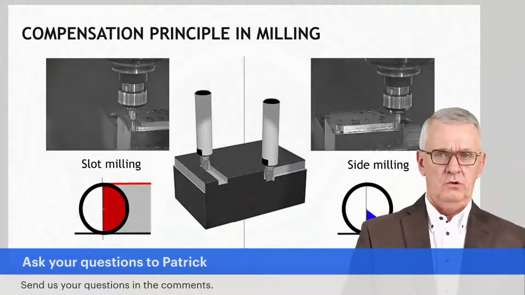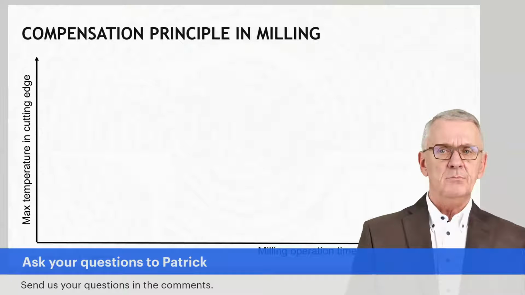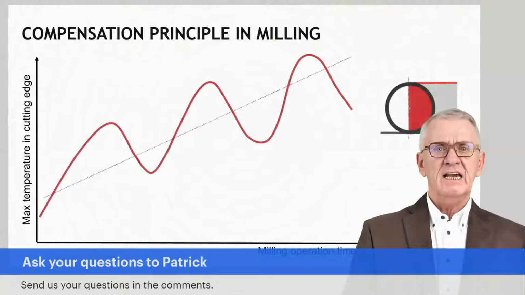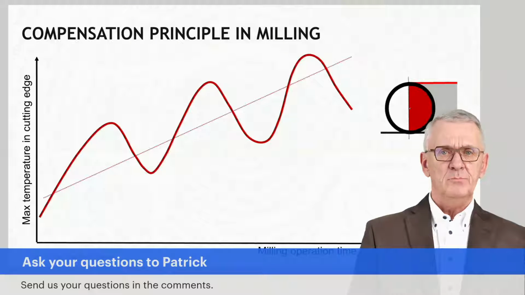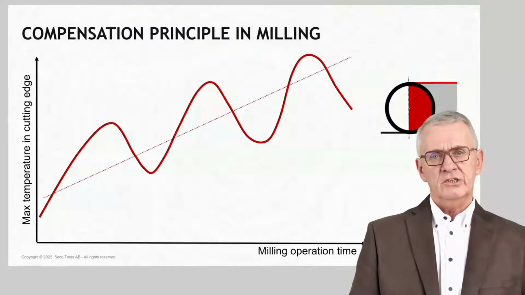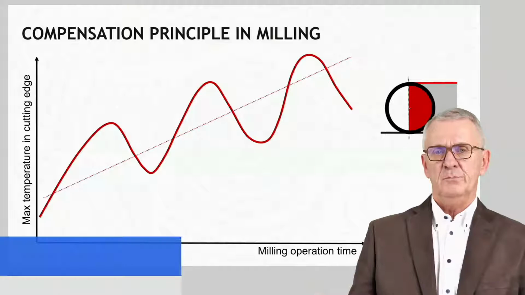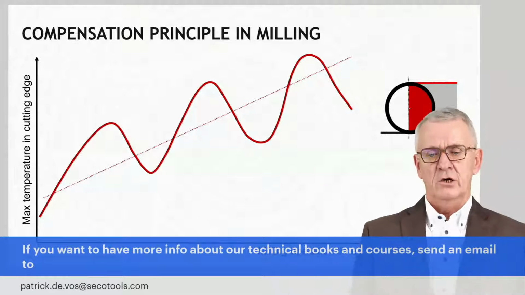That means that, for instance, if I look at the temperature in a cutting edge in slot milling, the temperature goes up rather fast. A cutting edge is cutting, not cutting, cutting, not cutting, but the part it's cutting is rather big, so the temperature rather fast goes up in a variable way.